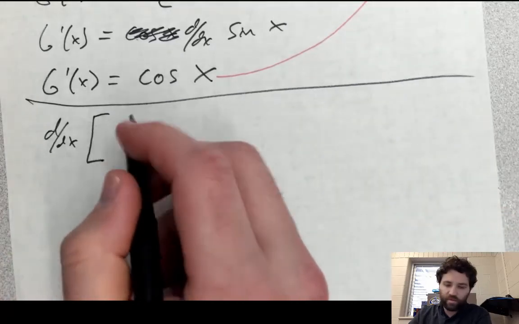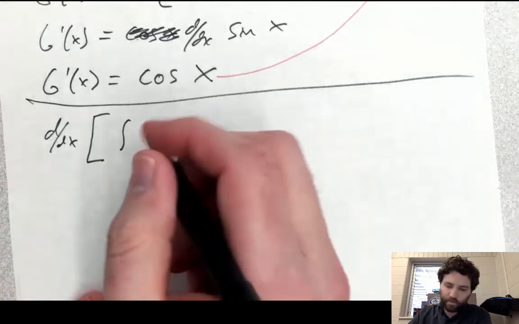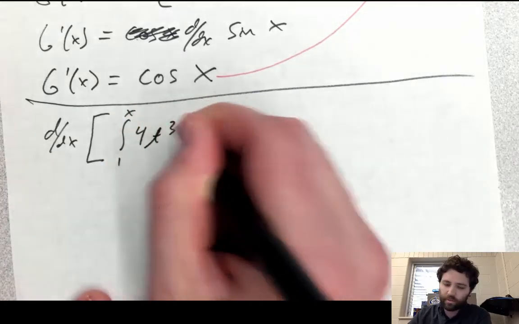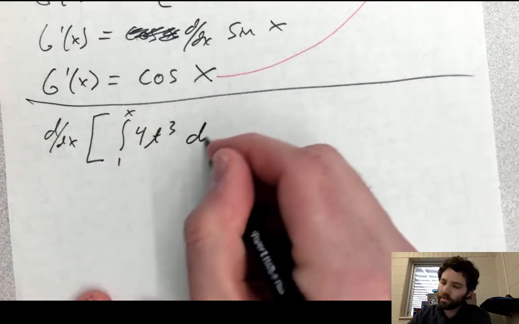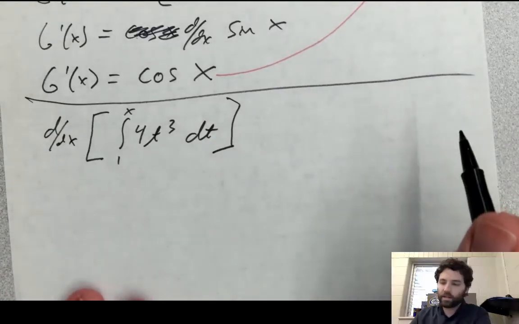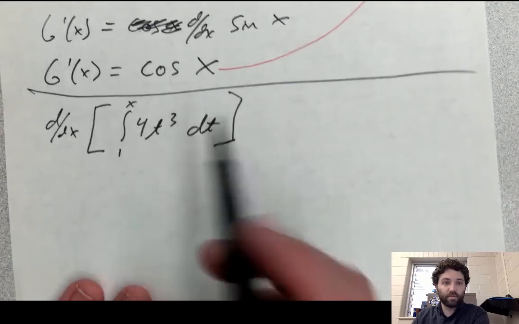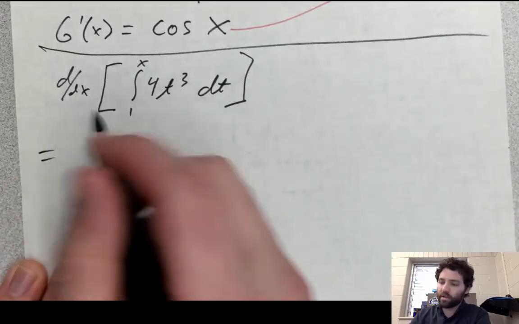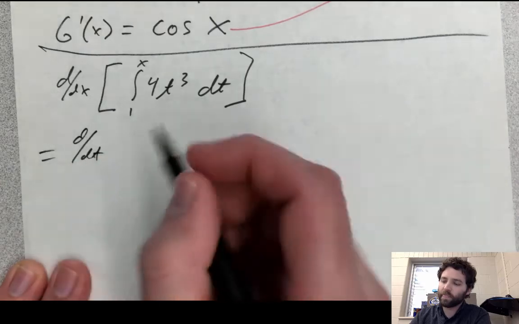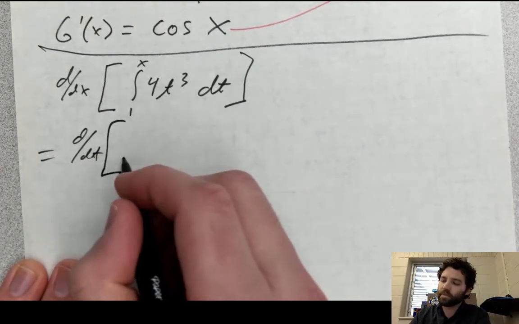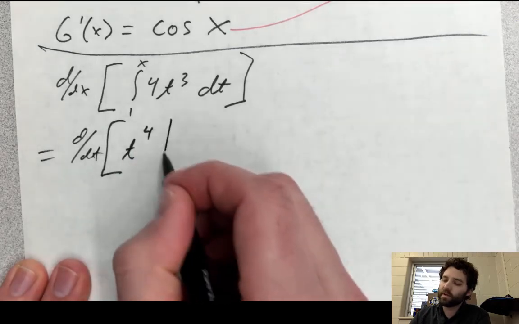Okay, so let's take the derivative of this integral function, this area function. The integral from 1 to x of 4t cubed dt. Now, you might just jump straight to this being 4x cubed, but just to kind of hammer this home in your mind, if we were to find the antiderivative, we would get t to the 4th evaluated from 1 to x.